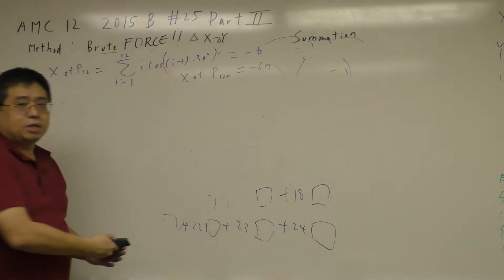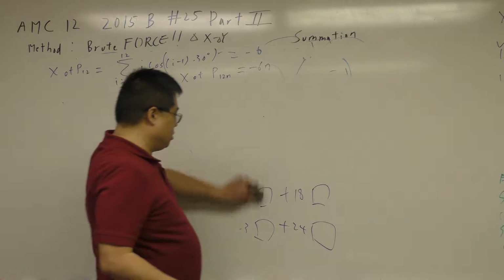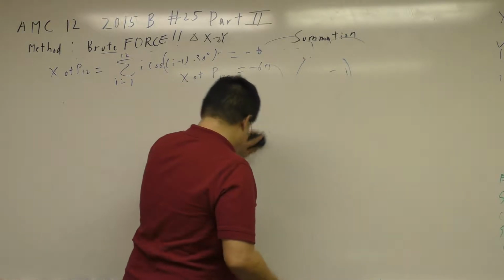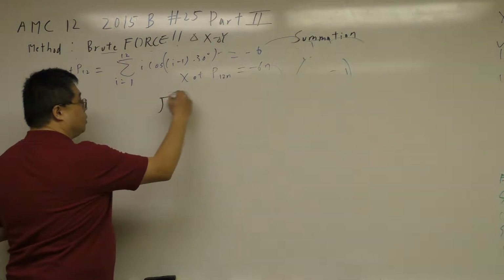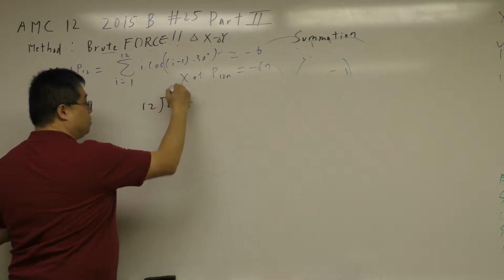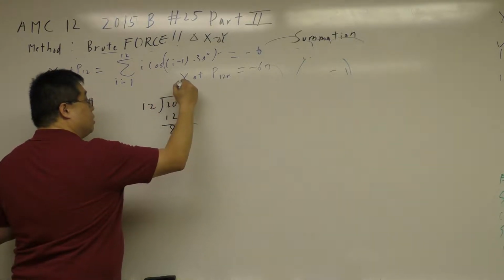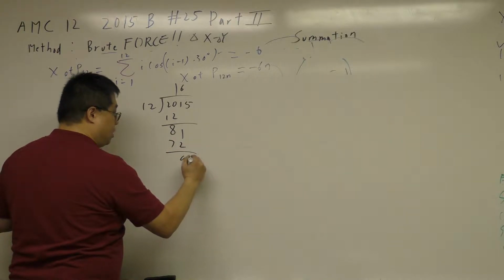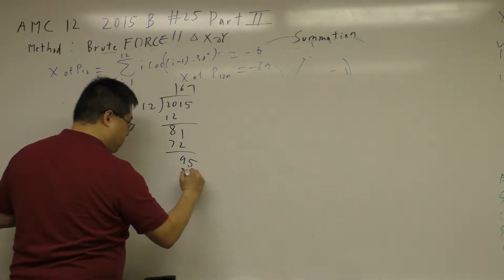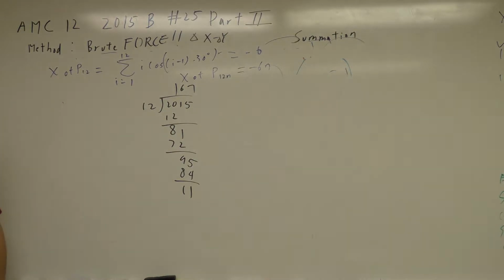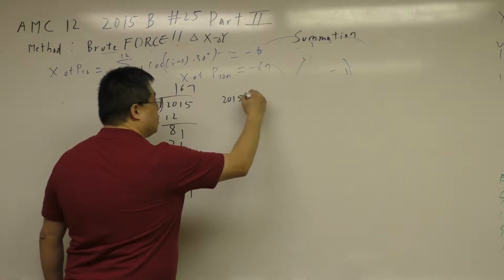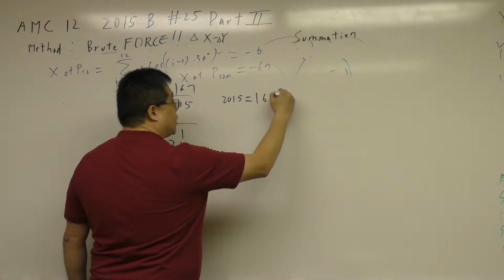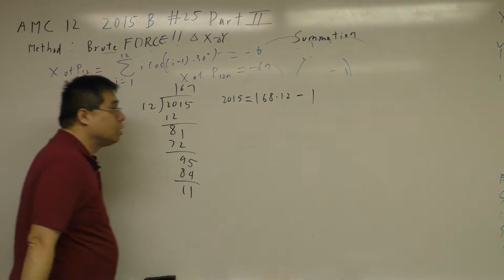Well, we know that 2015 can't be divided by 12, so let's actually do the division and see what happens. 2015 divided by 12, 1, 12, 81, 6, 72, 95, and then 7, 84, 11. Oh, so close. Why not think of 2015 as 168 times 12 minus 1.